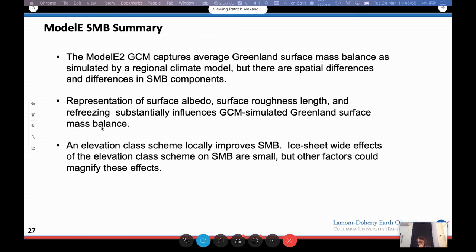Compared to RCM, there are some differences in components, and those are things that we have to look into. We also identified some processes that are important, such as albedo, roughness length, and refreezing, which we're not including at the moment. And those are important to consider.